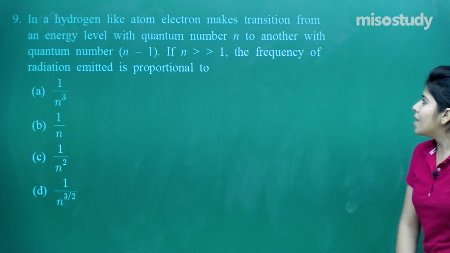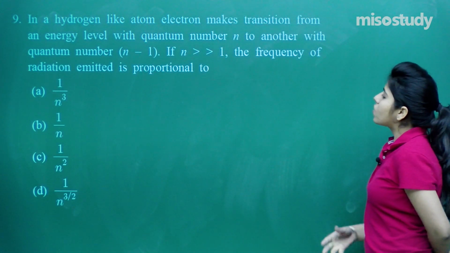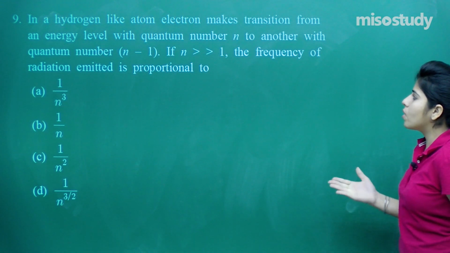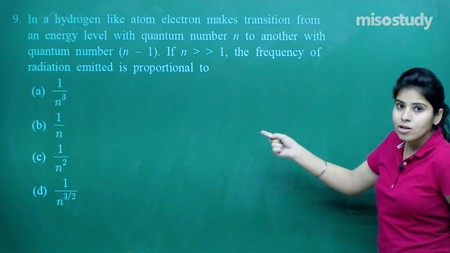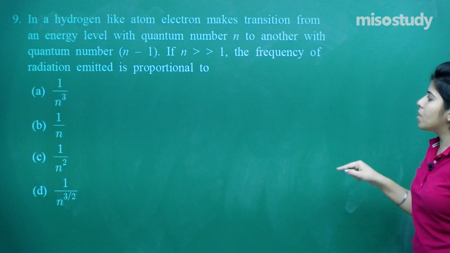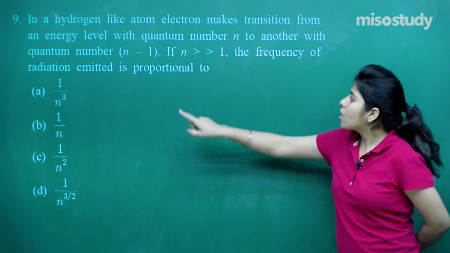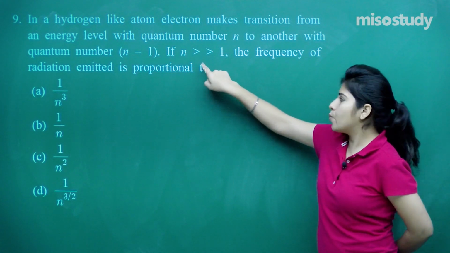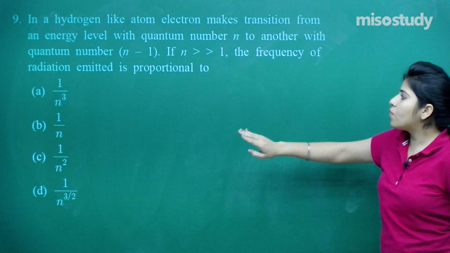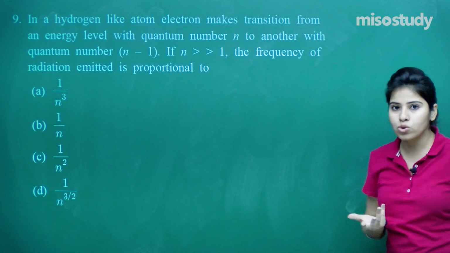In a hydrogen-like atom, an electron makes a transition from an energy level with quantum number n to another with quantum number n minus 1. If n is very much greater than 1, the frequency of radiation emitted is proportional to what?